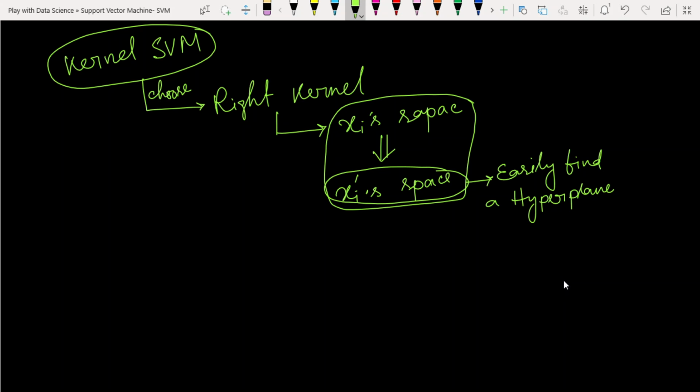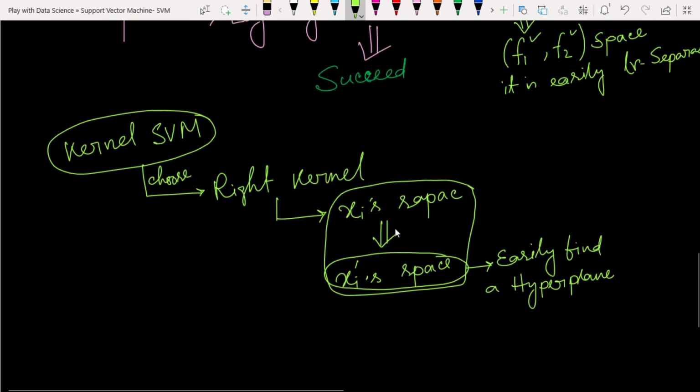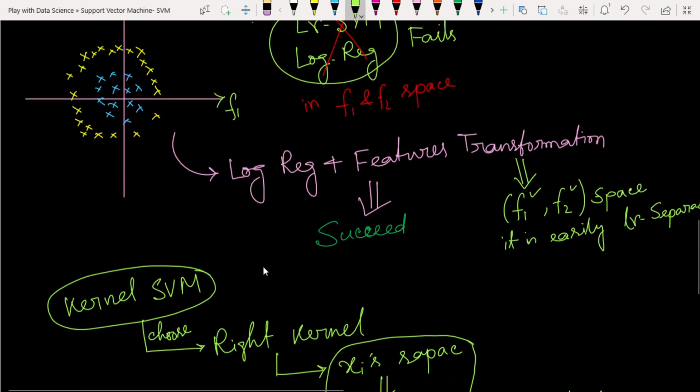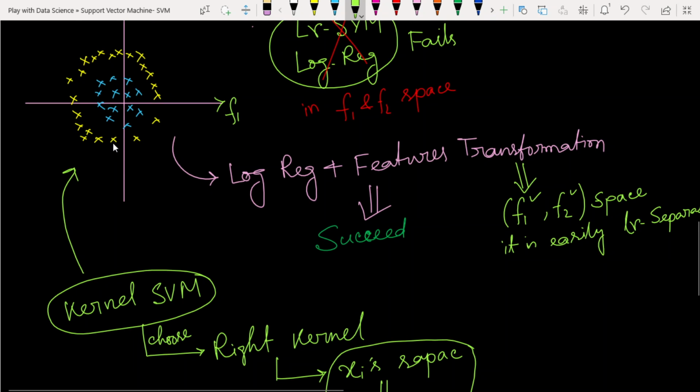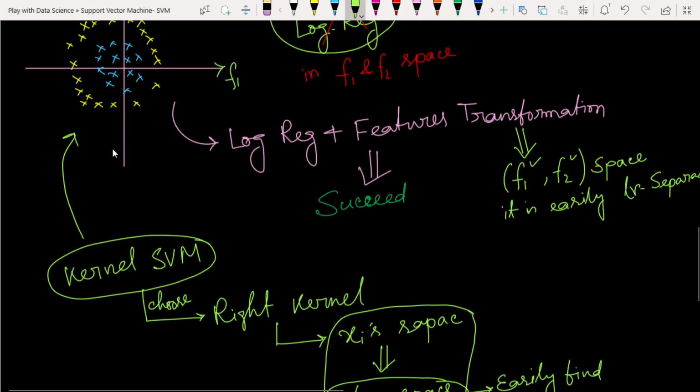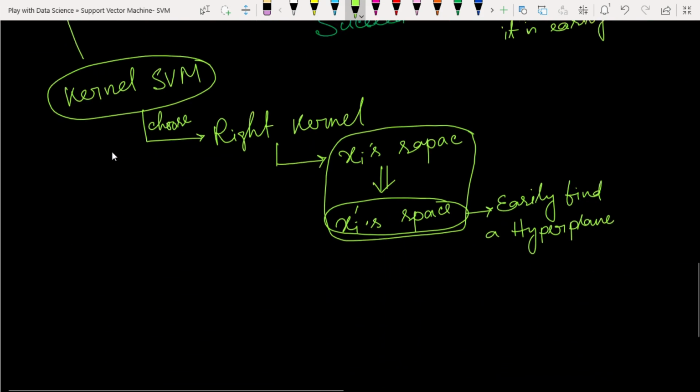So by using the kernel technique, it is possible to separate non-linearly separable data sets.